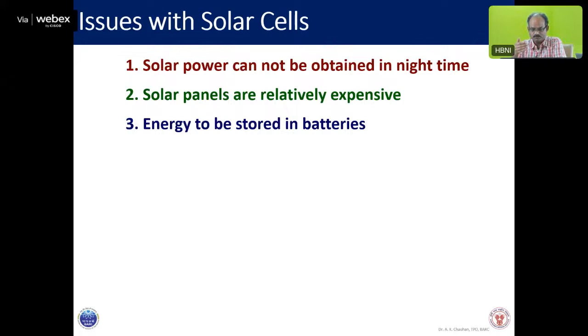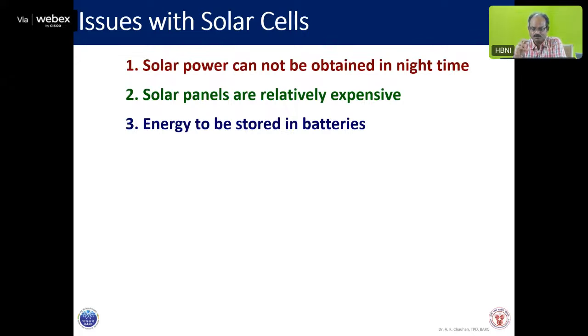Whatever we require for domestic purposes is AC. So first, this DC has to be stored inside batteries, and then it has to be converted back by using suitable inverters to AC, and then only it can be used.